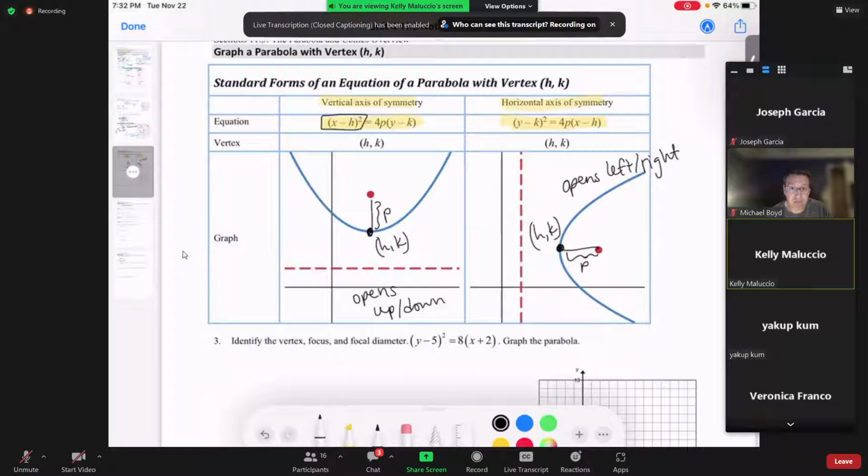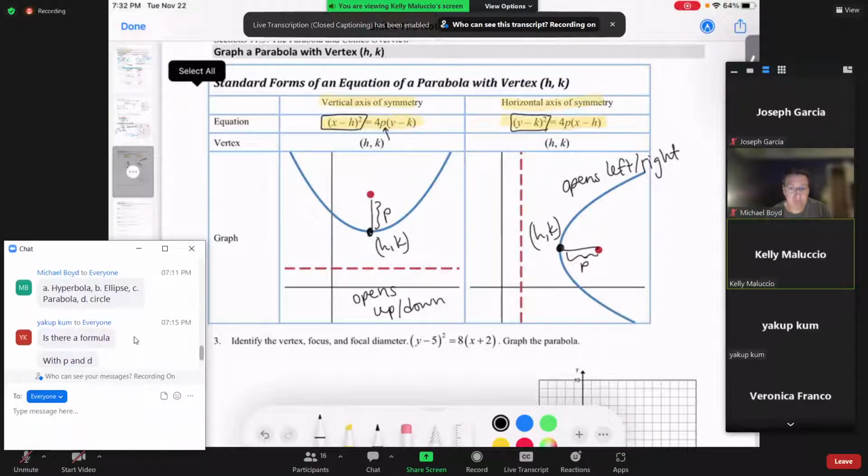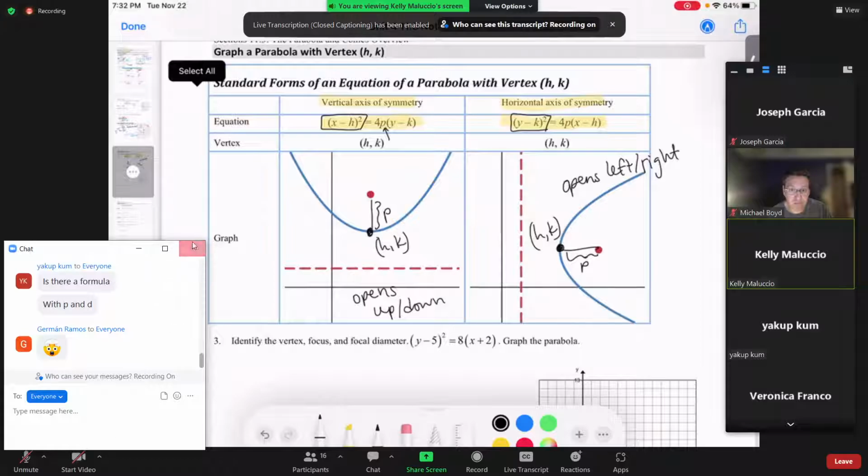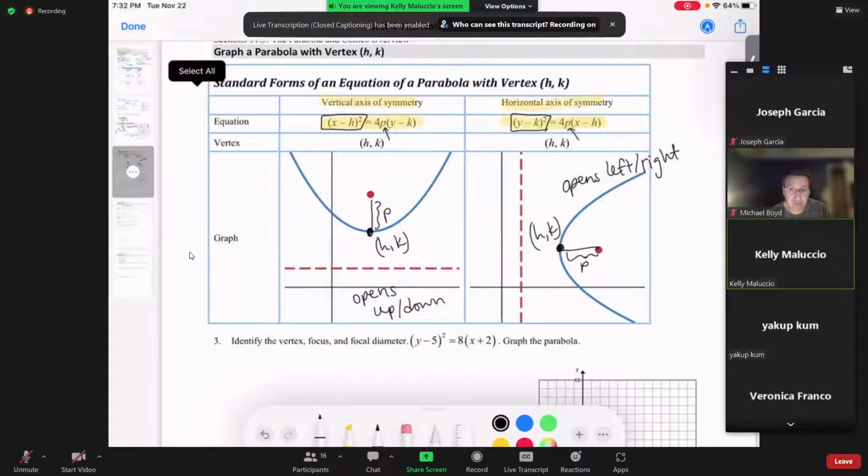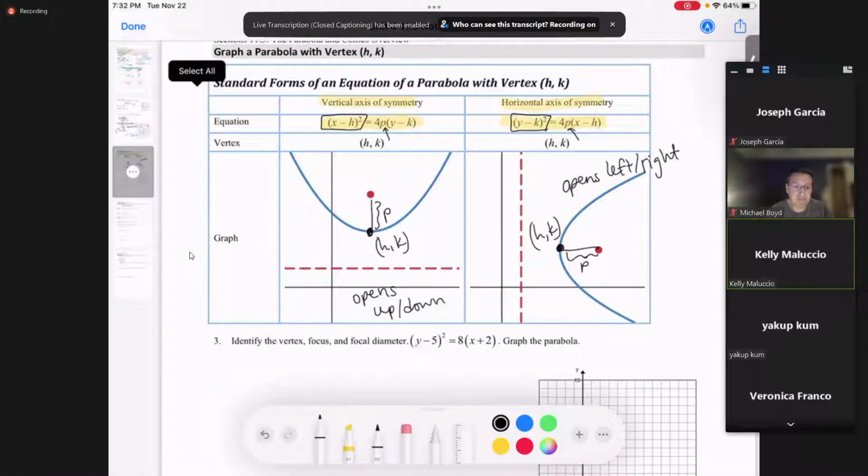So if (x minus h) is squared, it's going to be up or down, and that'll depend on if p is positive or negative. And if it's (y minus k) squared, it'll be left or right, depending on whether p is positive or negative. But the book says if p is greater than 0, the parabola opens upward, and if p is less than 0, the parabola opens downward. Yeah, so that's correct.